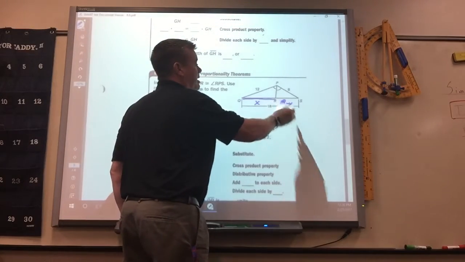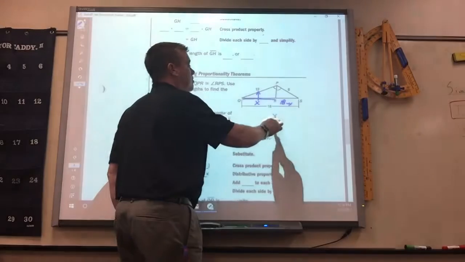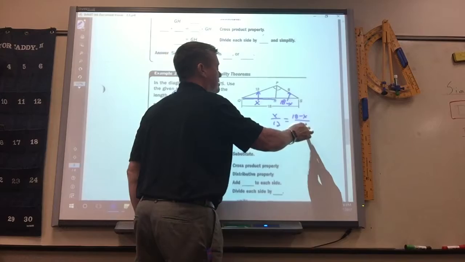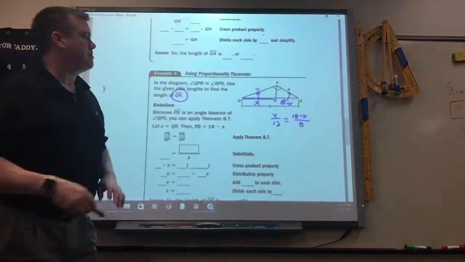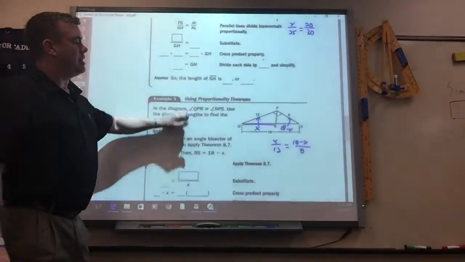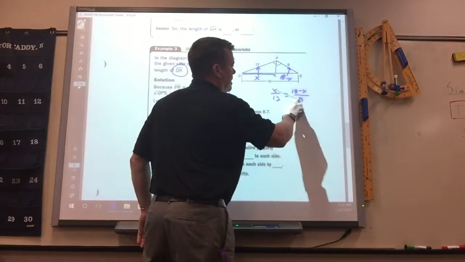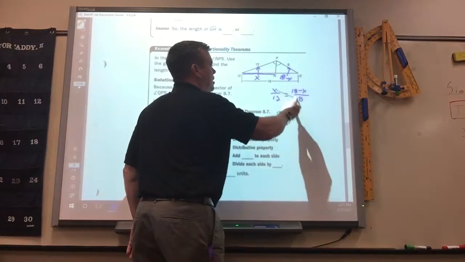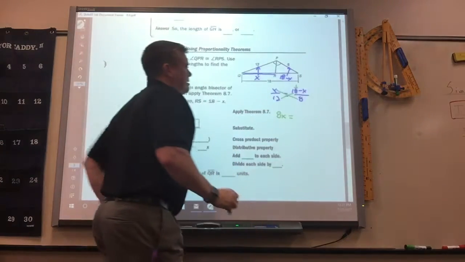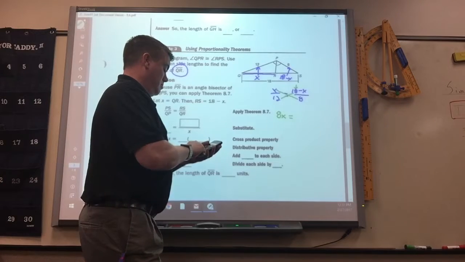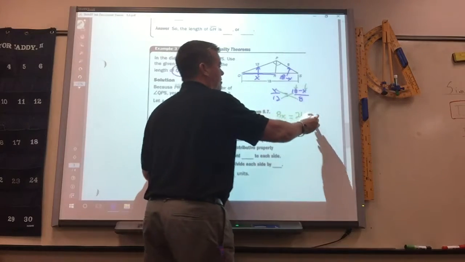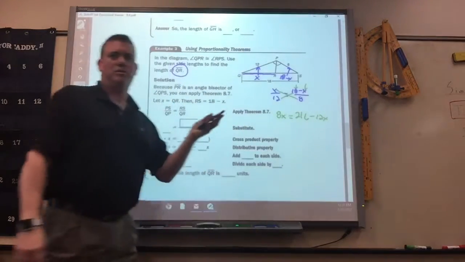So this is one where you got to write an equation. X to 12 equals 18 minus X to 8. So these aren't the simple proportions where you can just cross multiply and divide. You got to write an equation out. 8 times X equals this times this. So remember, when there's 2 here, you got to take the 12 times 18 is 216, and the 12 times negative X. You guys remember those?